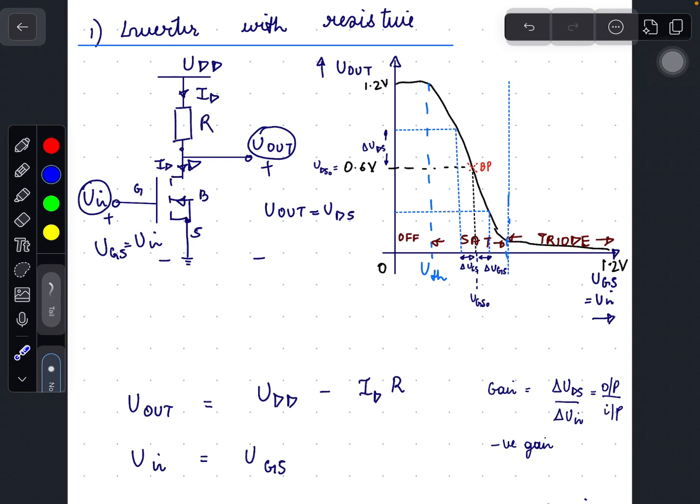So here, when UGS is reduced by delta UGS, the output voltage UDS is increasing by delta UDS. So when the input voltage is reducing by a small amount, the output voltage is increasing by a large amount. So this circuit has a negative gain.